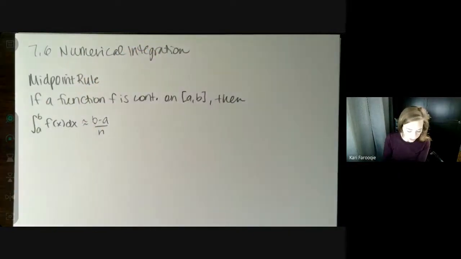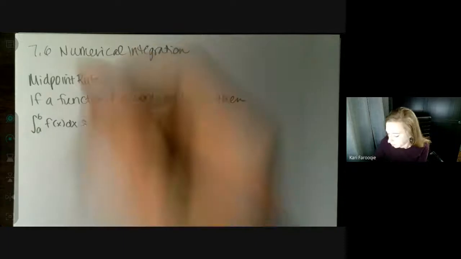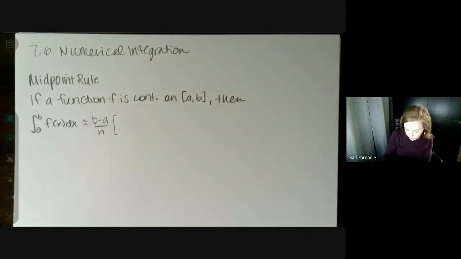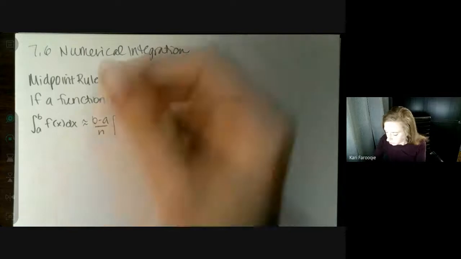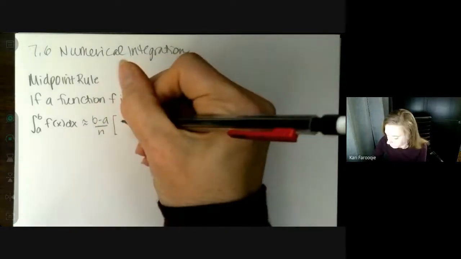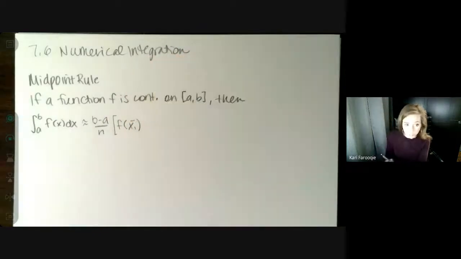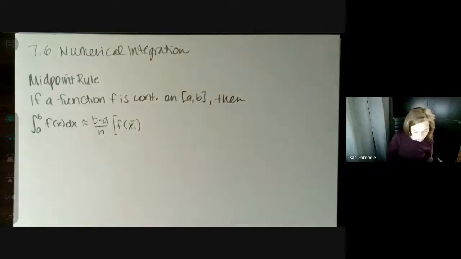The first factor is going to be b minus a over n. And we're going to take that factor and multiply it by a quantity. Now, that quantity is going to vary based on how many subintervals you're splitting your curve up into. So we're going to start by taking the value of f evaluated at x sub 1 bar. And like I said, I'm going to remind you of what x sub 1 bar is.